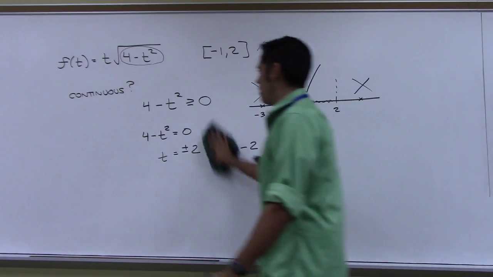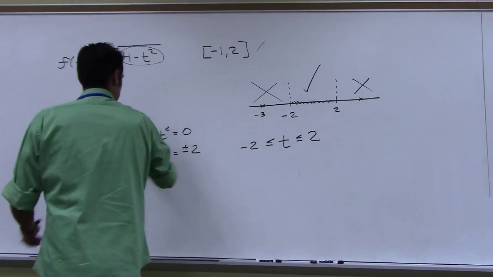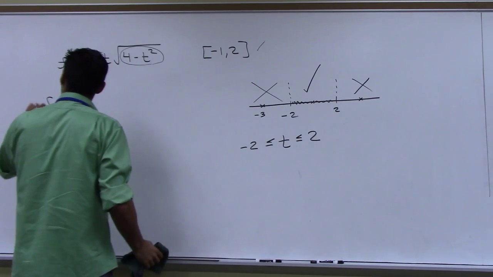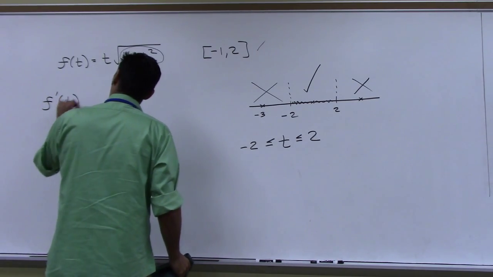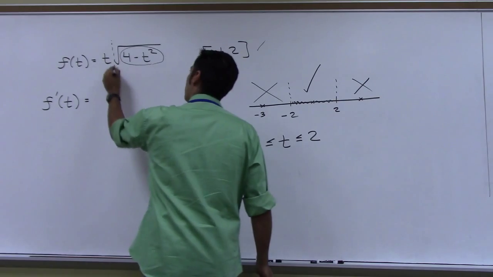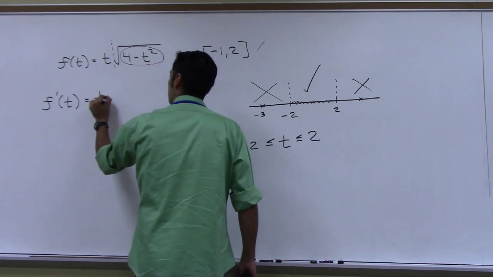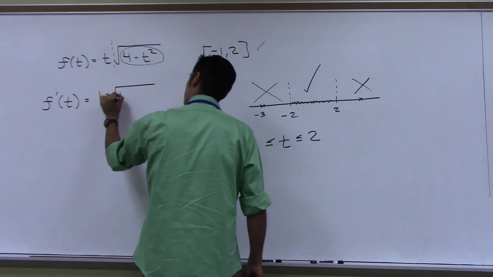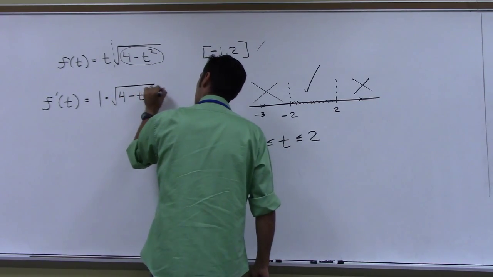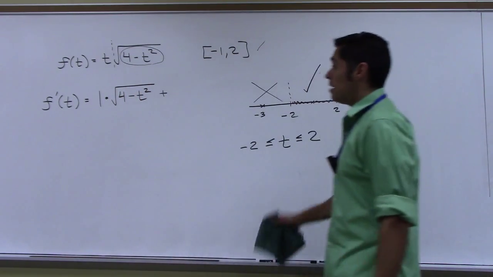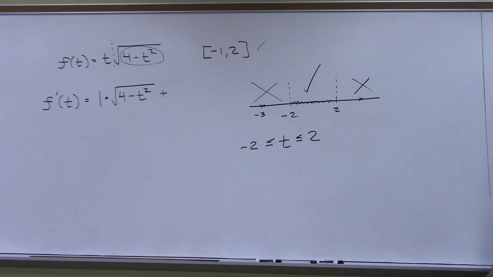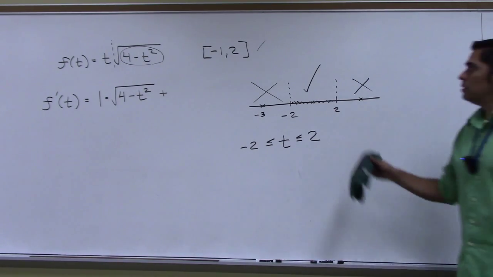So how about we take the derivative? The derivative of this function, I will use the product rule, right? The derivative of t is 1 times the square root of 4 minus t squared, plus, now you have to take the derivative of the square root of 4 minus t squared.